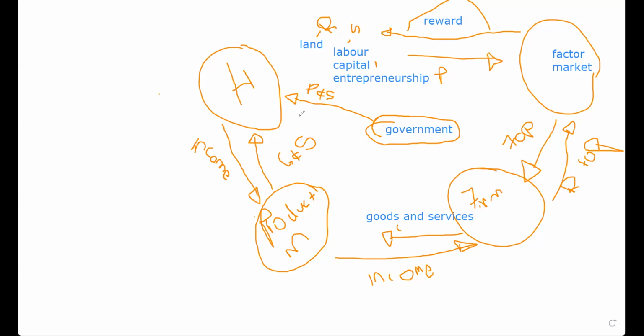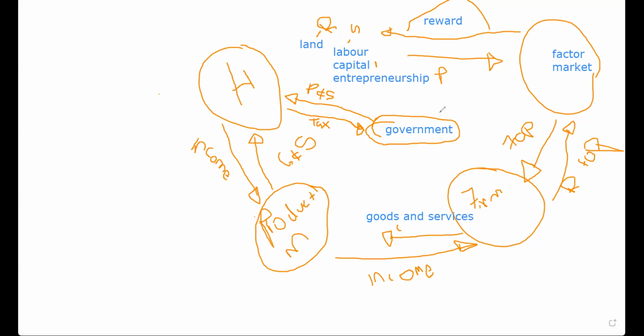The government provides us with the public goods and services, and in return, what do we provide the government? Everyone knows this. We pay tax to the government, so that the government can be able to provide these goods and services. The government is relying on our tax.